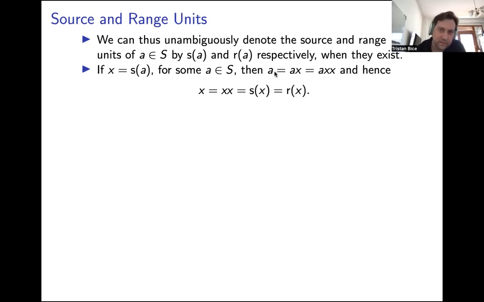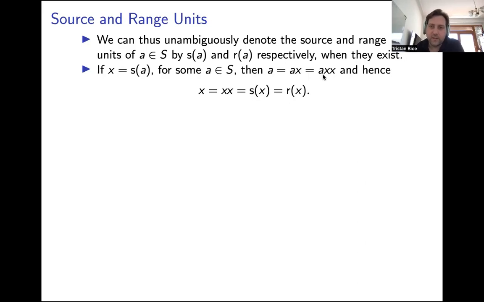Because if you just do some simple rewriting, let's say A is equal to AX because X is a source unit of A. But then again, we can replace A once more with AX, and we have this triple product. And you can see I'm removing the brackets now because things are associative. So we no longer have to worry about whether we're taking the product of AX first and then the product with X on the right, or the other way around.